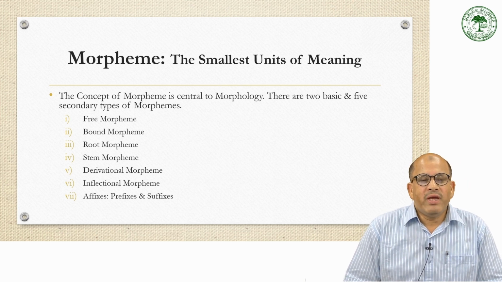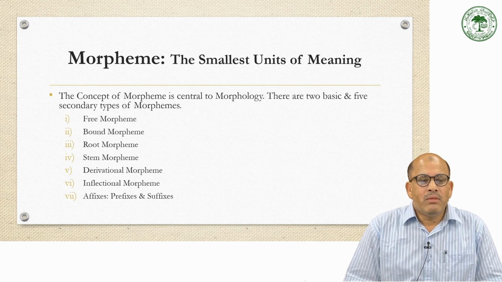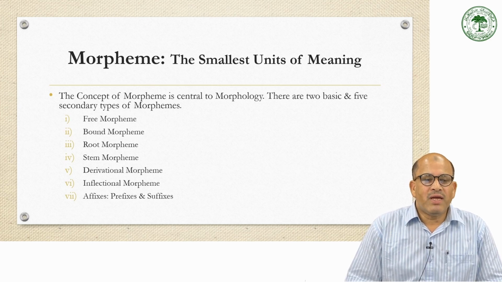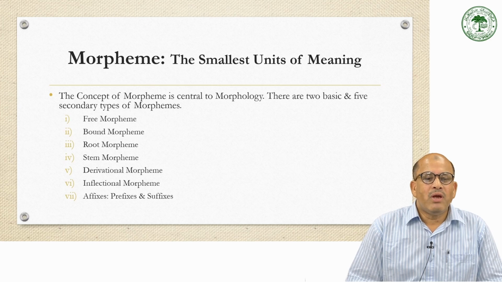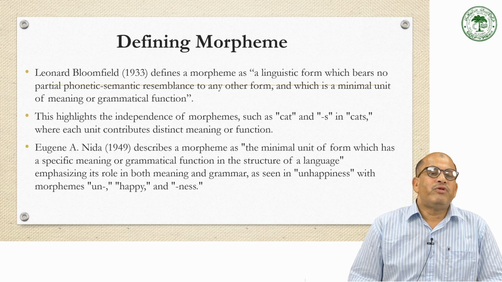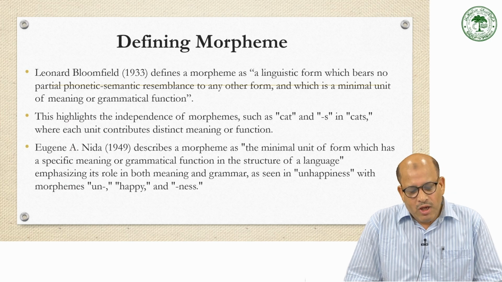So free morpheme, bound morpheme, root morpheme, stem morpheme, derivational morpheme, inflectional morpheme, and the affixes that include prefixes and suffixes, and sometimes also infixes, depending on which language we are talking about.